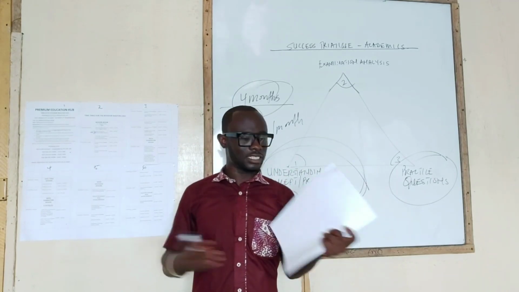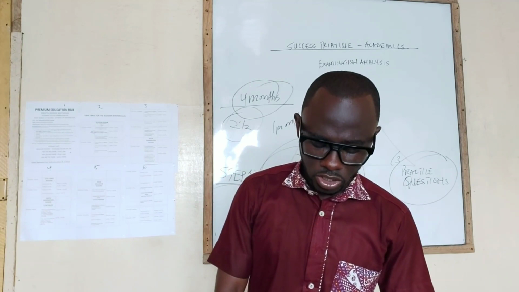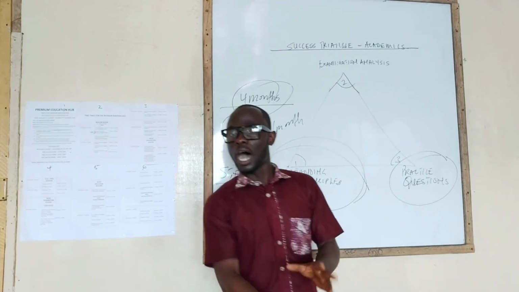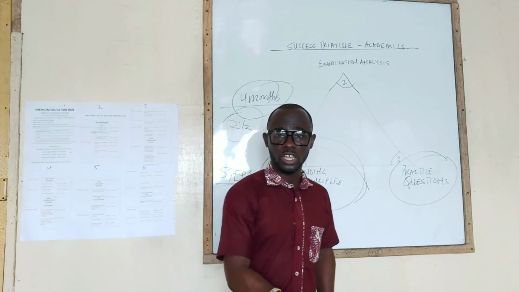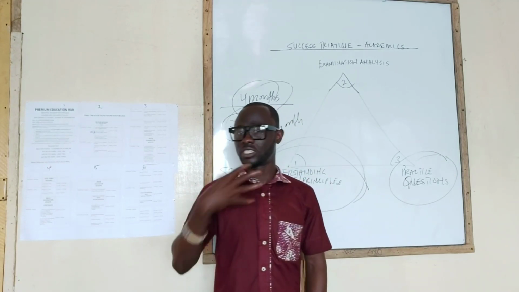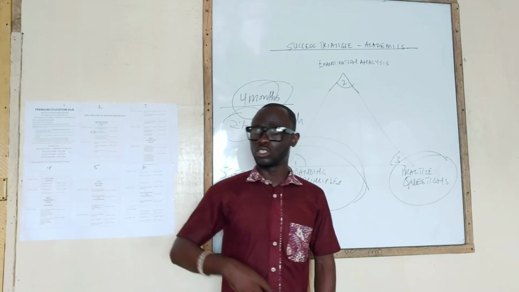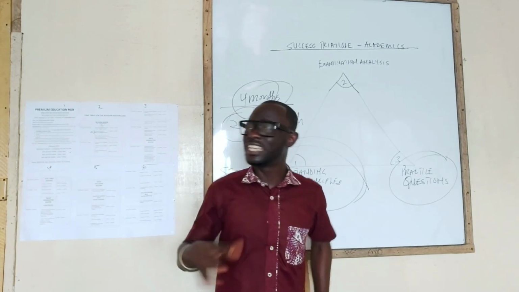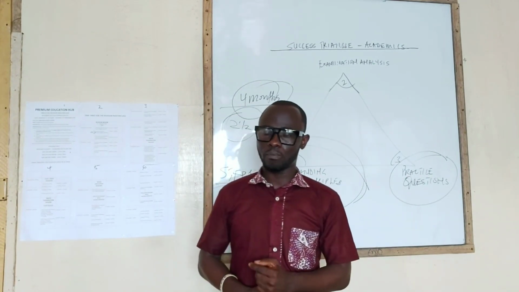This is why I don't like a lot of the things they do, because they compile the past questions without making references, and a lot of times there are errors. It could be typo errors. There are figures that are not supposed to be there, and they just pick it, convert it, and print it out thinking they've compiled past questions.